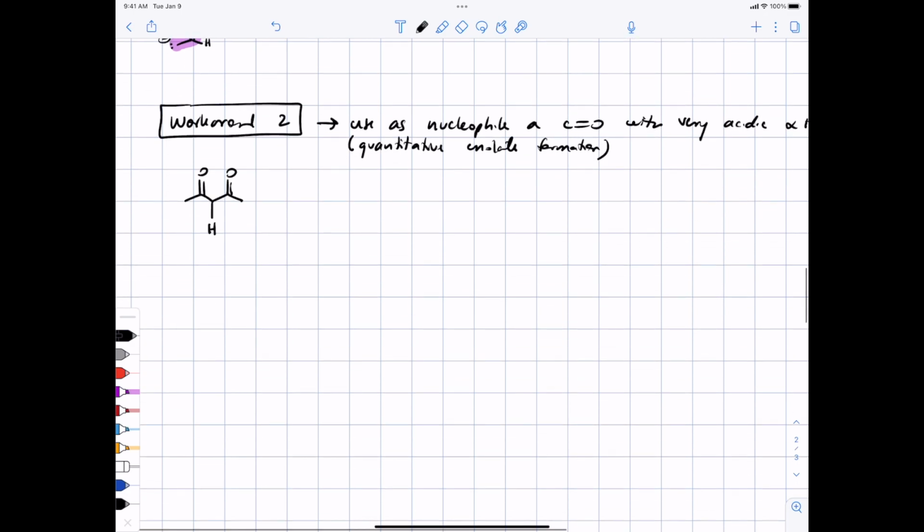So if I use this beta dicarbonyl compound whose alpha proton has a pKa of like 9, then it's 100% yield for hydroxide to remove the proton. To give me, and actually, I shouldn't use equilibrium arrows, that's 100%. To give me the desired enolate.